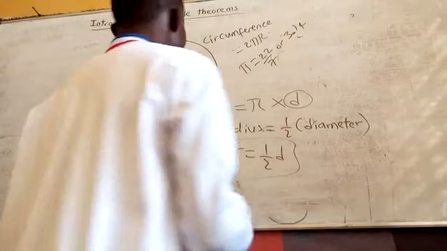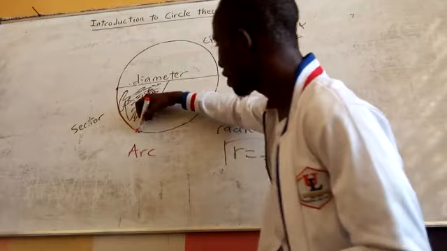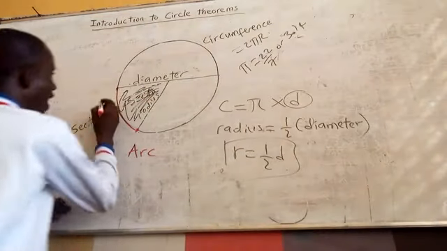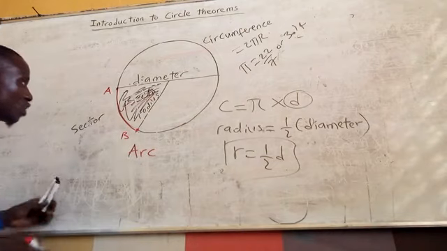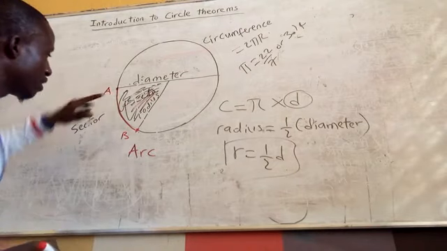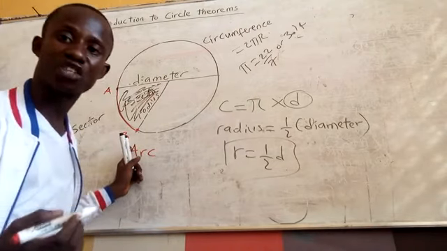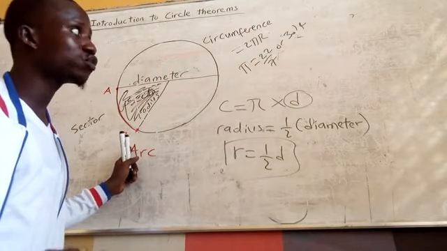We can name this point A and this point B. The distance from point A to point B refers to the arc length.